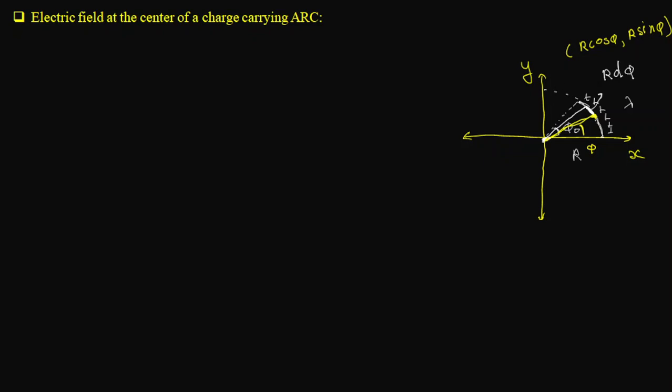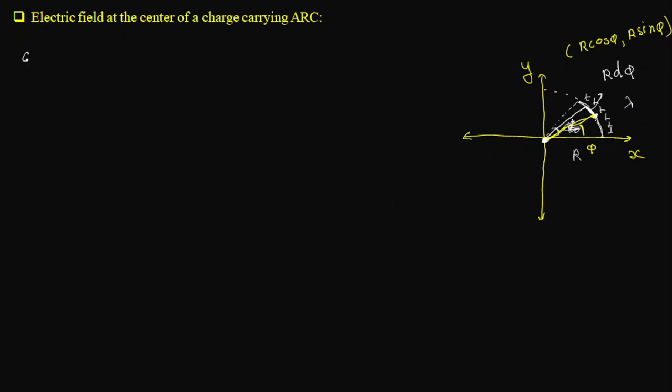Now we want to calculate the electric field at the center of this loop. So we have to write the position vector of the origin with respect to this point, whose coordinates are r cos phi and r sin phi. That is this vector, the r vector.